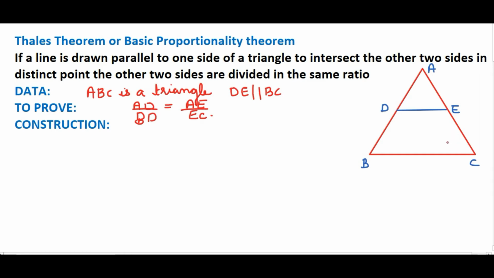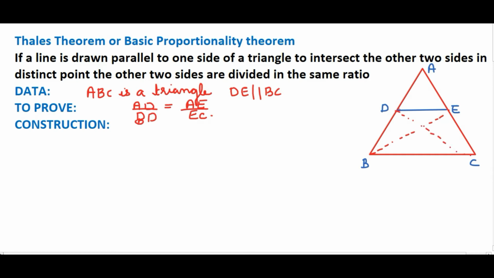To prove this, we need to do the construction. So first we are going to join B to E and D to C. So we have joined BE, then we have joined CD.